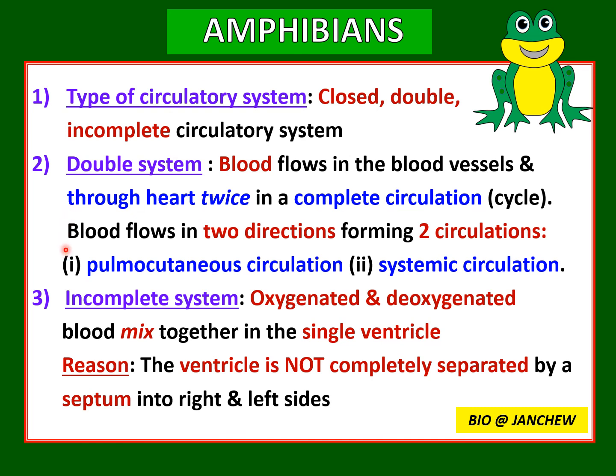The blood flows in two directions, forming two different circulations: the pulmocutaneous circulation and the systemic circulation. And in an incomplete circulatory system, oxygenated and deoxygenated blood mix together in the single ventricle. The reason is that the ventricle is not completely separated by a septum into the right and left sides.